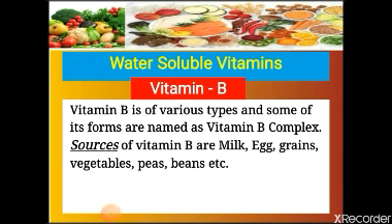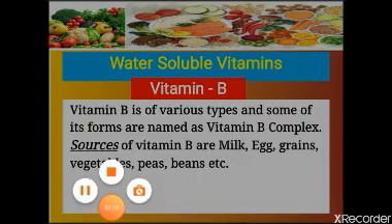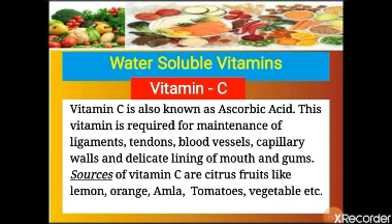Vitamin B is of various types and some of its forms are named as vitamin B complex. The sources of vitamin B are milk, egg, grains, vegetables, peas, beans, etc. Vitamin C is also known as ascorbic acid.